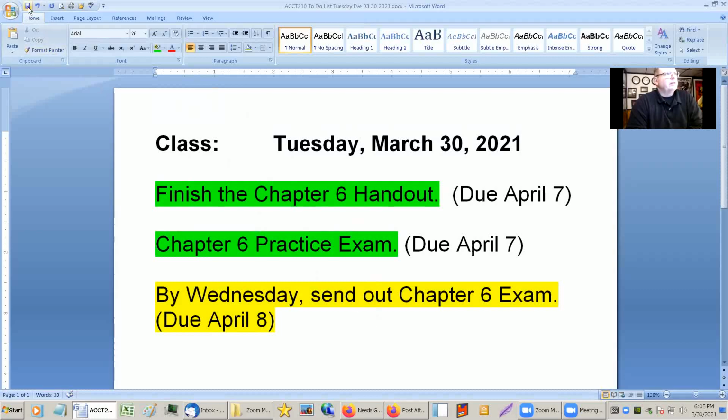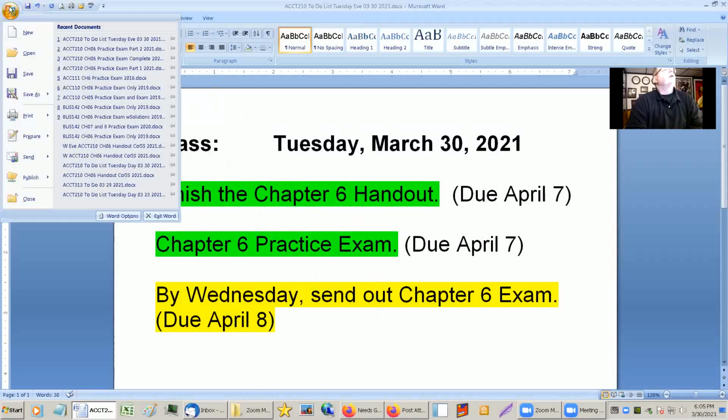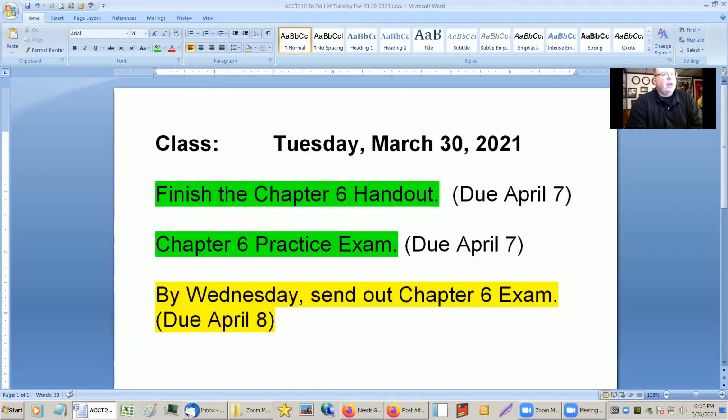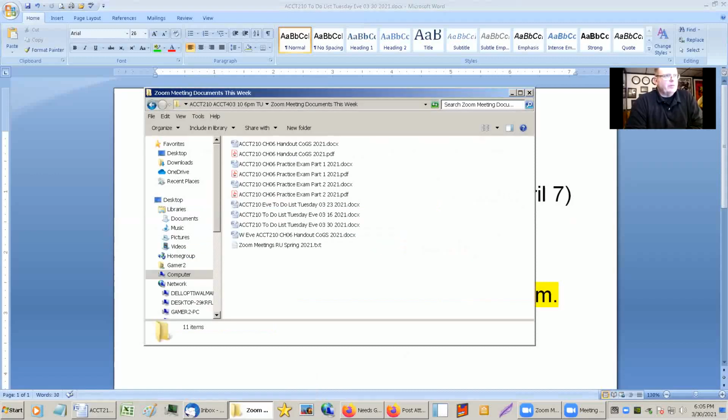Okay, let me save that. Oh, do I have it saved as the right thing? Yep, that looks right. Okay. All right. So let's pull up the handout from last time.